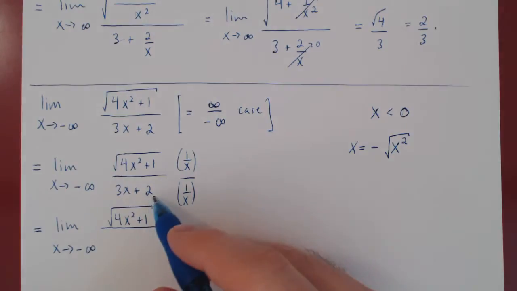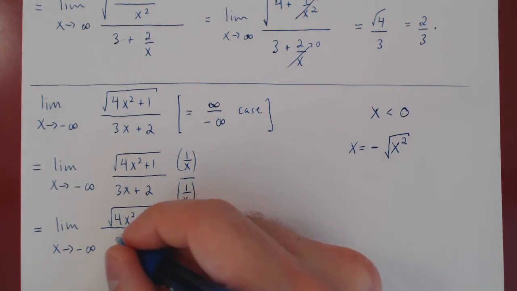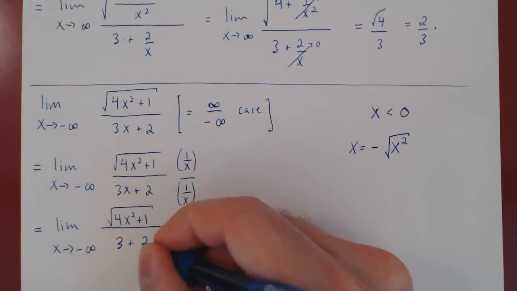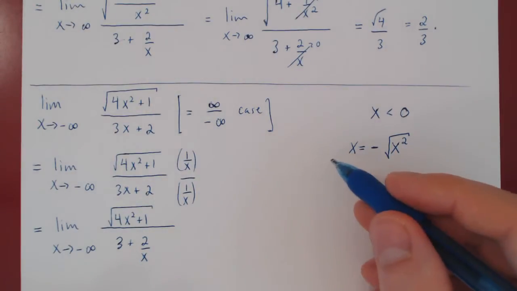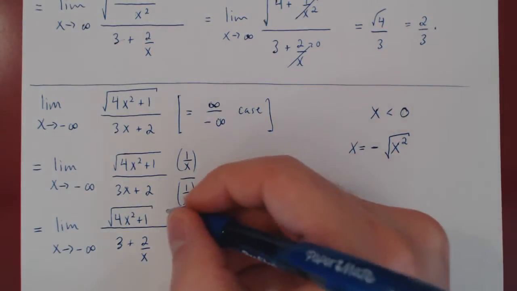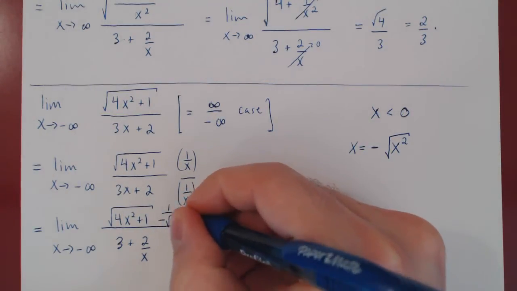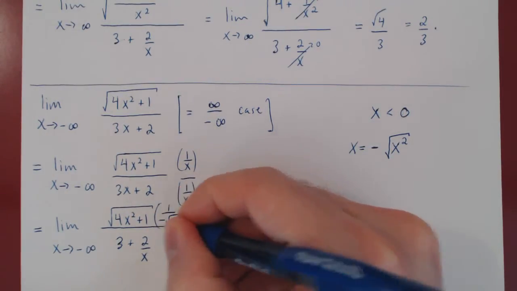Let's multiply the denominator by 1 over x. We'll get simply 3 plus 2 over x as before. And now 1 over x, replacing x by a negative root of x squared, will give you 1 over the negative of the root of x squared.